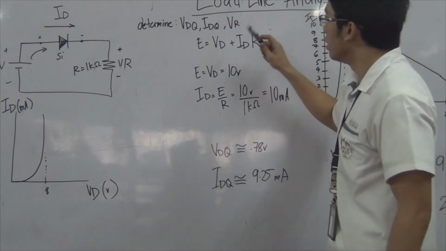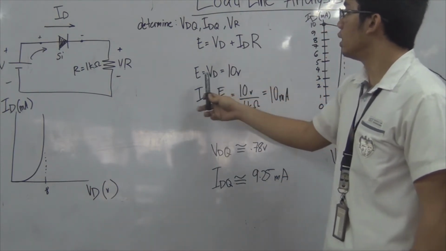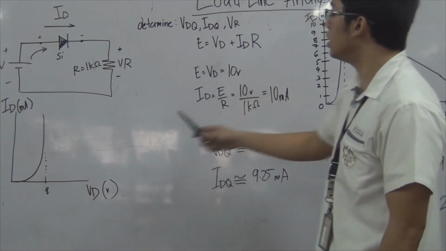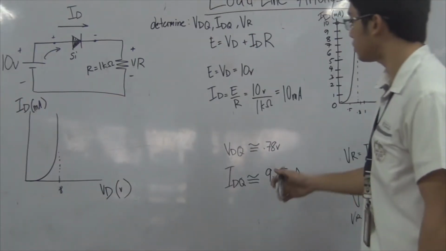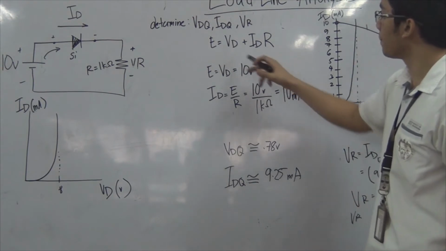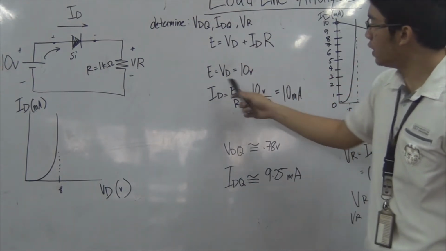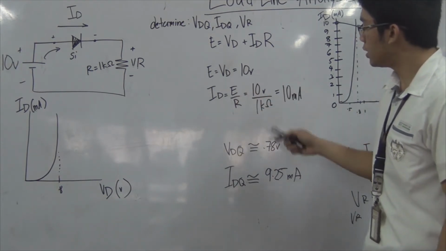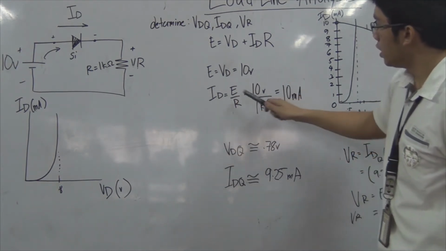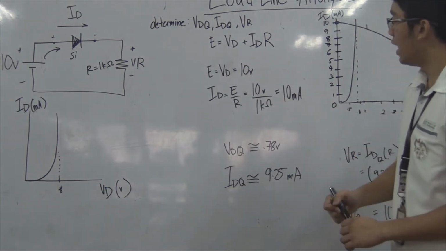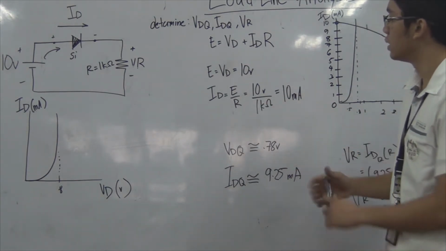When we set ID equals 0, E equals VD, or VD is equal to 10 volts. Then when we set VD to 0, we will have this equation, and substituting the given E equals 10 volts over R equals 1 kilo ohm, we will have an answer of 10 milliamps.